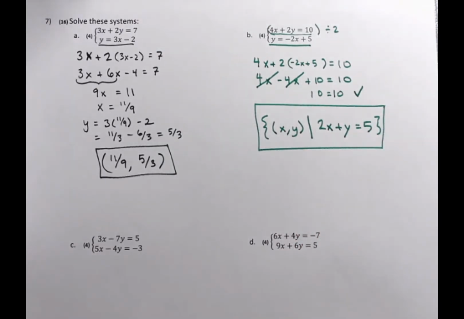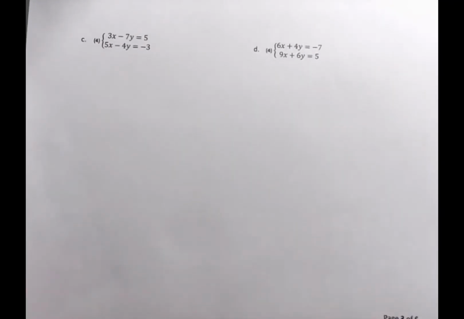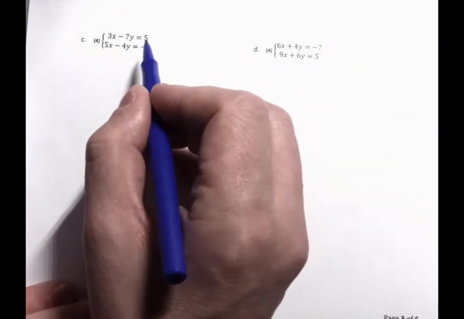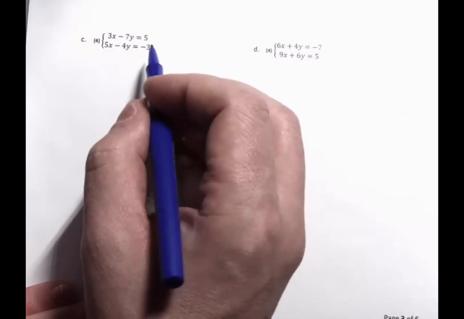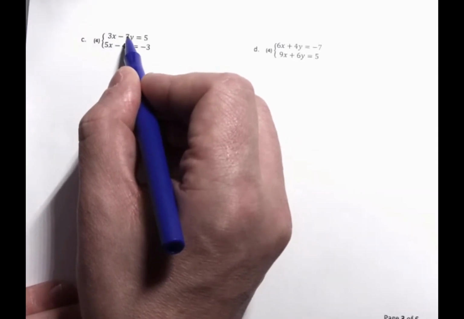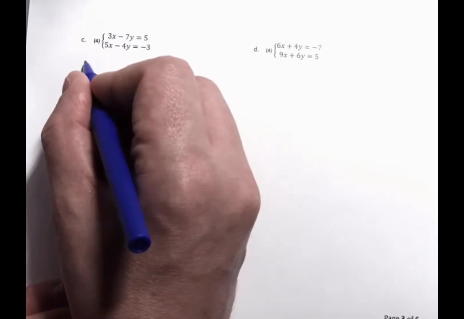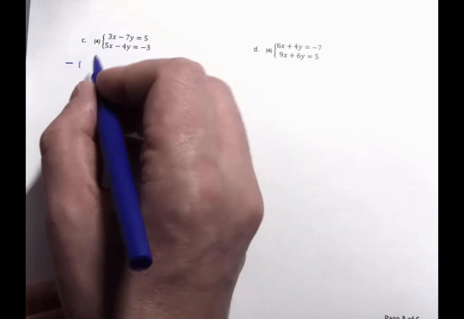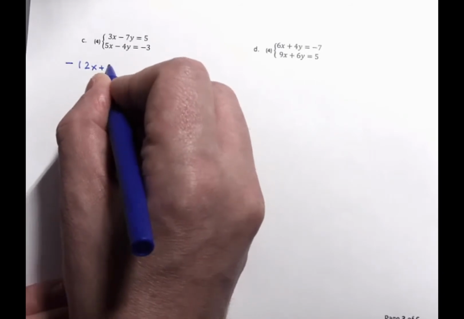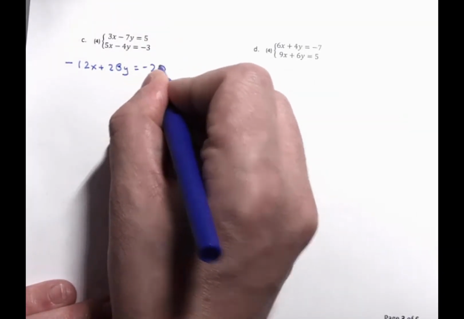In the third problem, down here in quadrant 3, we have 3x minus 7y equals 5 and 5x minus 4y equals negative 3. So to get my x coordinate, I will take the top equation and multiply it by negative 4. So I'm getting negative 12x plus 28y, and negative 4 times 5 gives me negative 20.